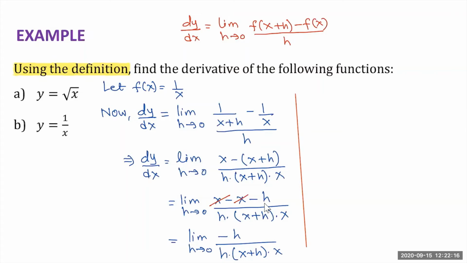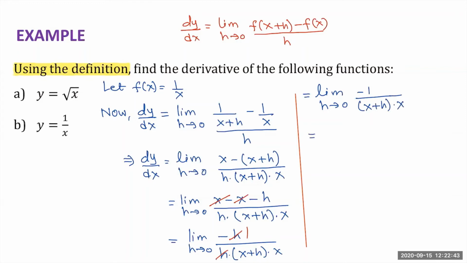In the next step, this is equal to the limit as h approaches 0. When you look at these two values, you have h here and negative h there. So negative h divided by h, those two will get cancelled and you'll get a negative 1. So in the numerator you have negative 1 over, in the denominator, x plus h multiplied to x.